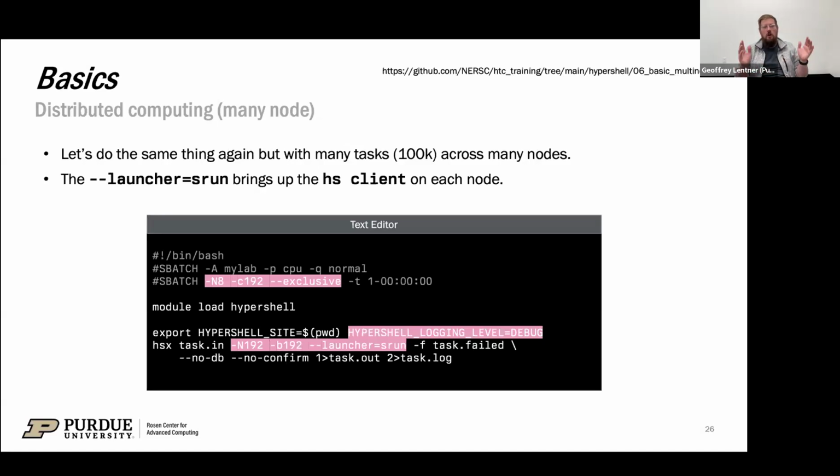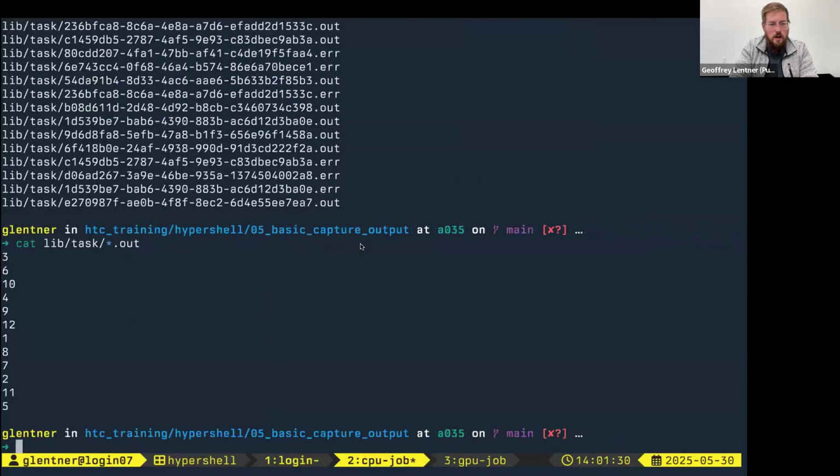But for now, what we want to understand is something called the launcher. There are two main notions of a launcher in the Hypershell system. One is explicitly called out as SSH. So these are kind of exclusive modes.